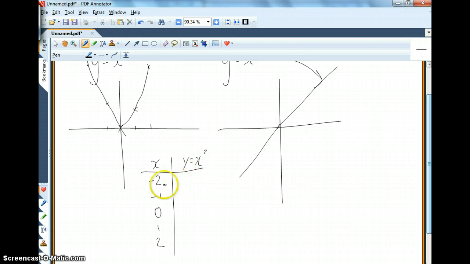So -2 squared is 4, -1 squared is 1, 0 squared is 0, 1 and 4. Notice that these coordinates, -2, 4, -1, 1, 0, 0, 1, 1, and 2, 4, are the coordinates that I drew over here. Hence the basic parabola. So you could always fall back on that method.